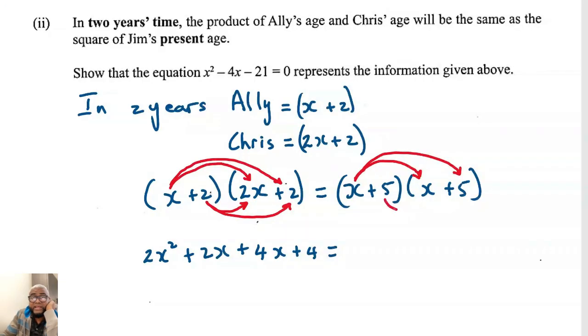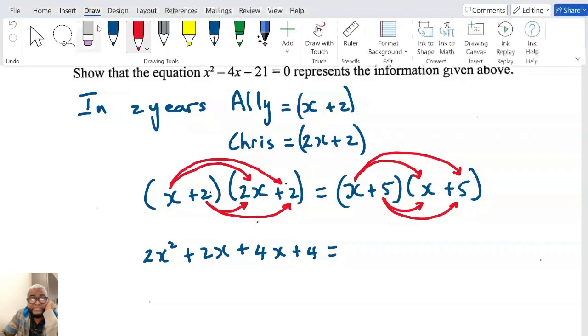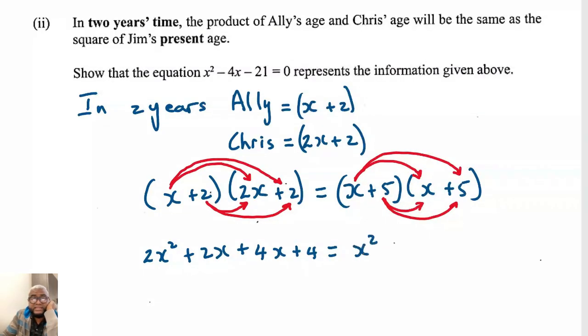Then 5 by x and then 5 by 5. X by x is x squared, plus x by 5 is 5x. Composure. 5 by x is 5x, and 5 by 5 is 25.